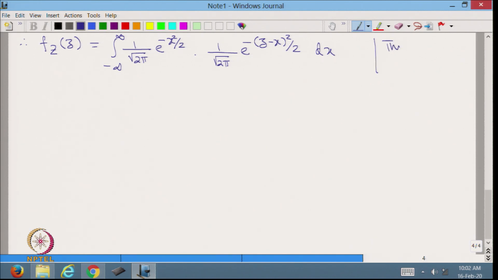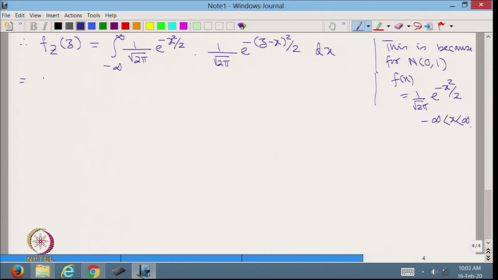This is because for normal 0 1, f x is equal to 1 over root 2 pi e to the power minus x square by 2, for minus infinity less than x less than infinity.